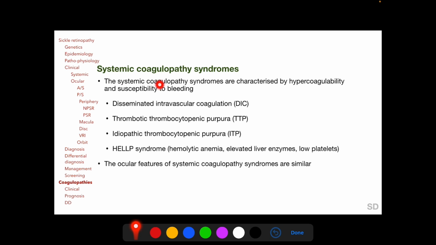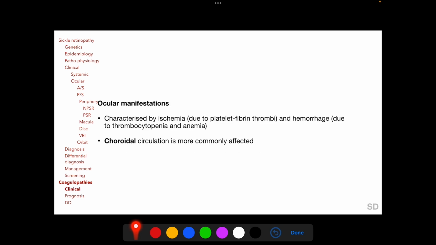The systemic coagulopathy syndromes are characterized by hypercoagulability and susceptibility to bleeding, and they include DIC, TTP, ITP, and AGLLP syndrome. The ocular features of systemic coagulopathy syndromes are similar and are so considered together. Ocular manifestations occur due to both ischemia from platelet-fibrin thrombi and also due to hemorrhage from thrombocytopenia and anemia.